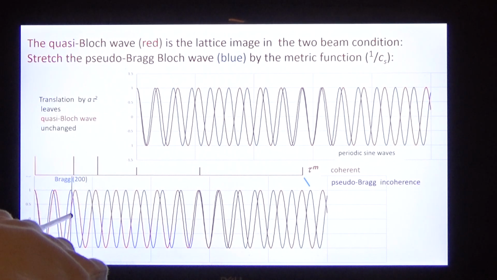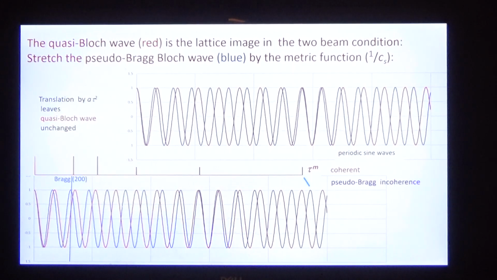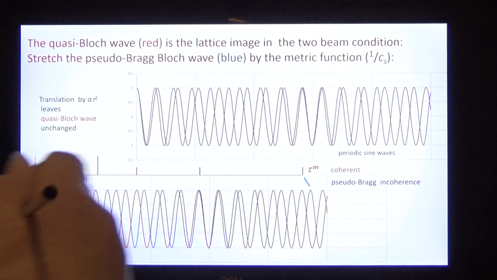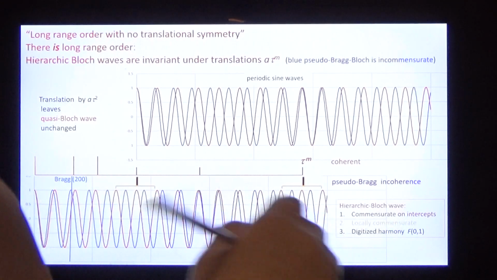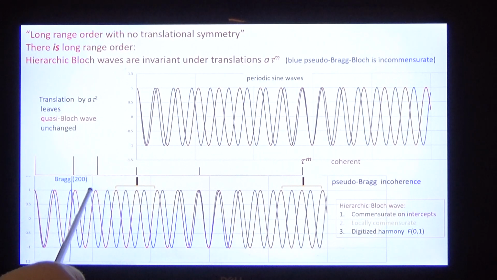This is a pseudo-Bragg-Bloch wave, commensurate on the unit cell, but not at higher orders. But when the blue wave is stretched by the metric function, it becomes a red wave, which is coherent at all intercepts, both long range and short range.